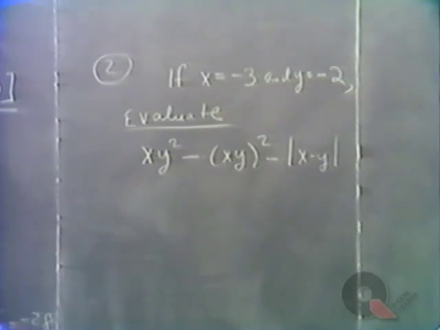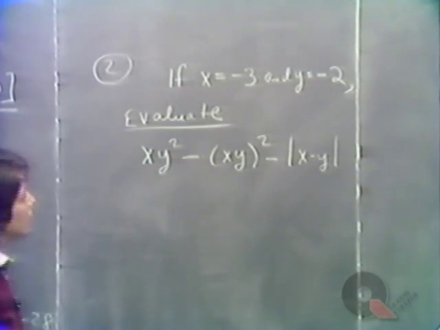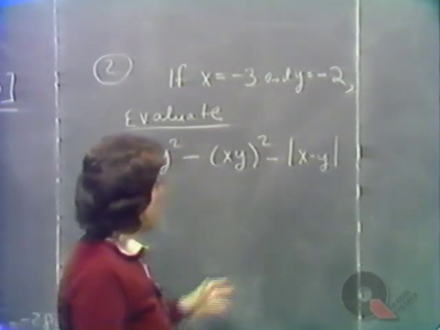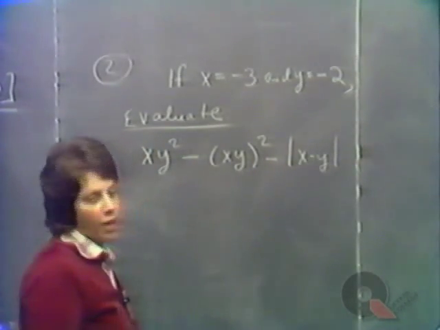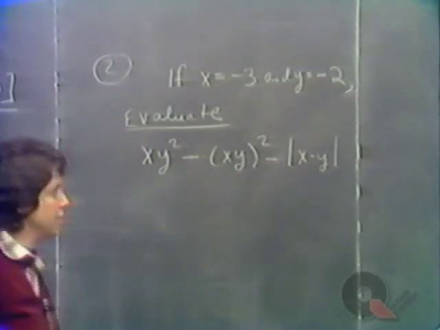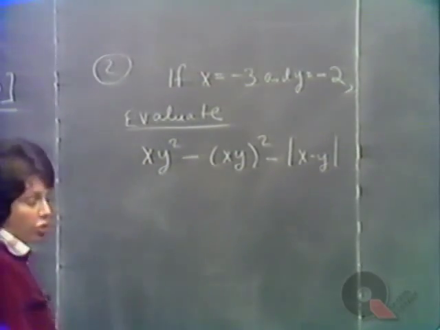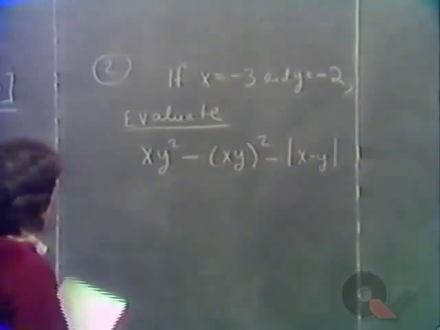We want to substitute in those values. Every time you see an x, we're going to write a minus 3. Every time we see a y, we'll write a minus 2. We will get an expression which we will then evaluate, much the same way we handled the previous example. The only thing extra here is first we have to substitute.